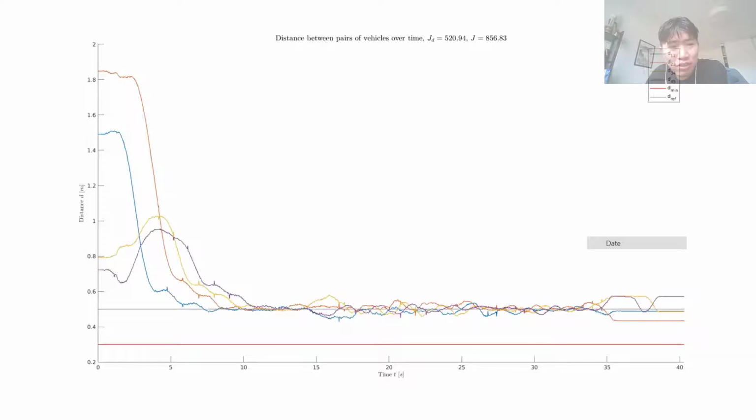That's our result from the experiment. It looks, I think, almost the same as the first team's. At the end of the result, we have something due to perhaps measurement errors and other things, but all of them converge to the desired distance.